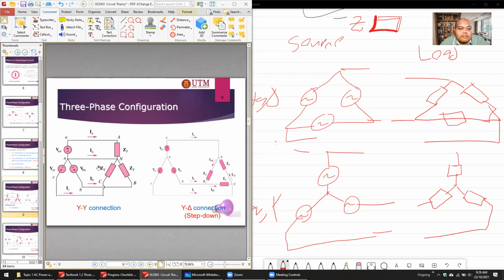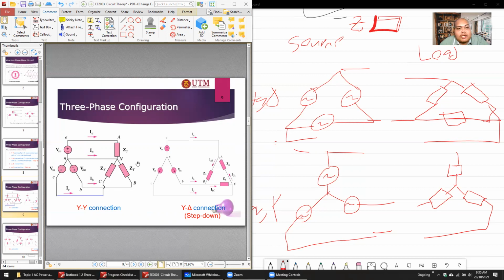What it means by 3-wire: you can see here the main ones, IA, IB, and IC, and the fourth wire is the neutral wire. The neutral wire you can have or not. If you have a balanced load, you don't have to put a neutral wire.